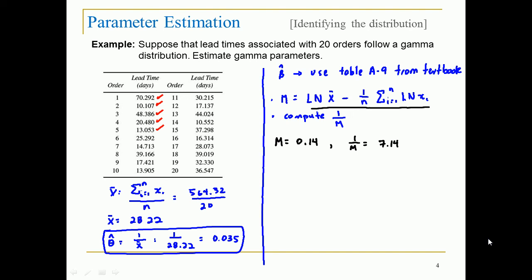Okay? Now using this value, we can refer to the table and we're going to have to use interpolation in order to get the value for beta hat. So use interpolation.